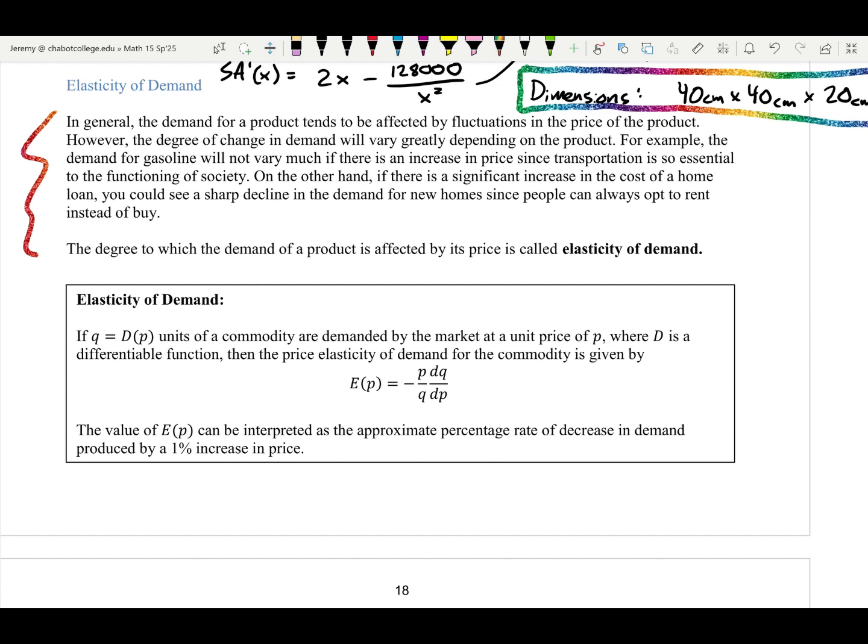And it's defined as negative P over Q, so that's price over the demand function times the derivative of the demand function. All right, and that'll be with respect to our independent variable P.